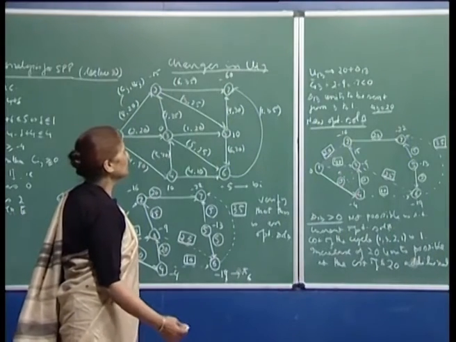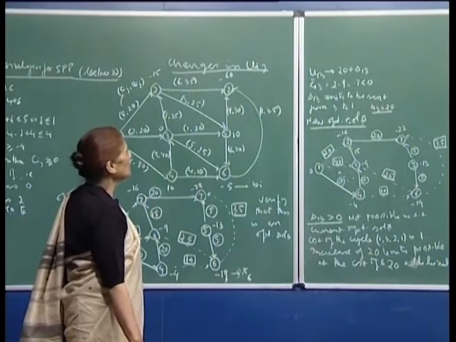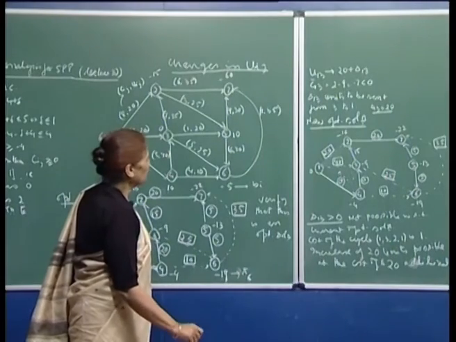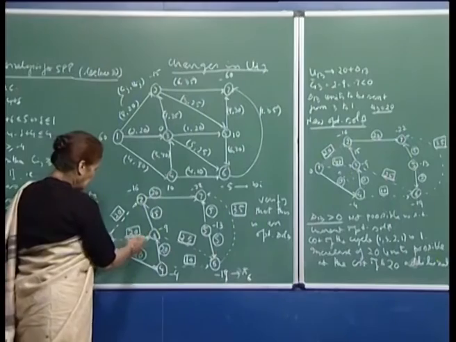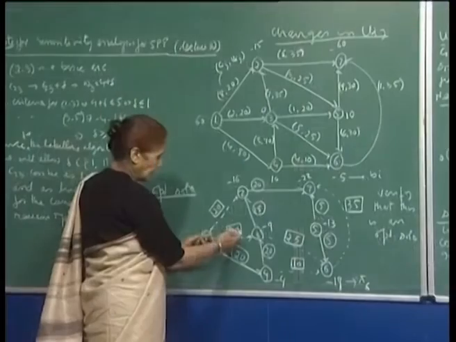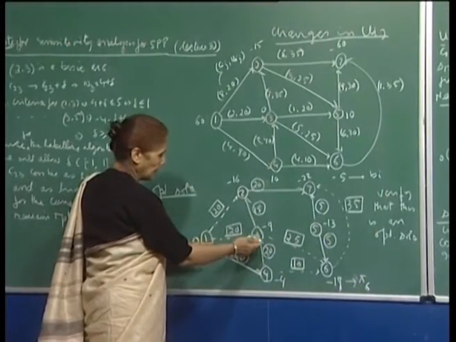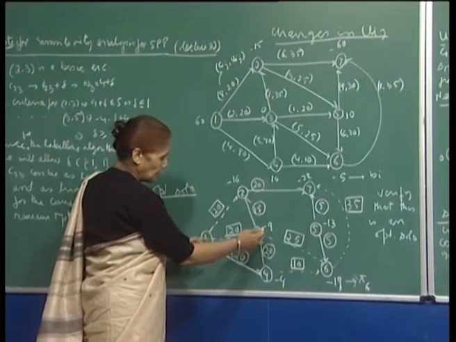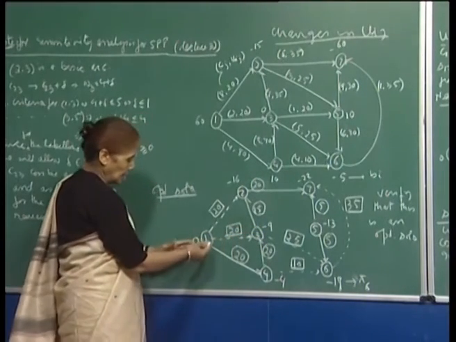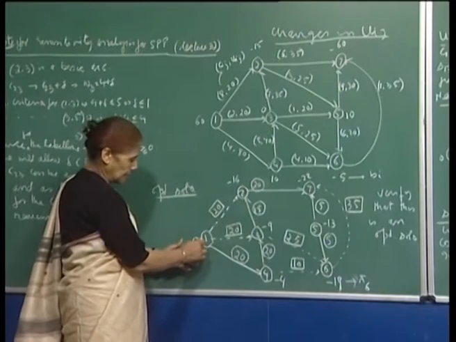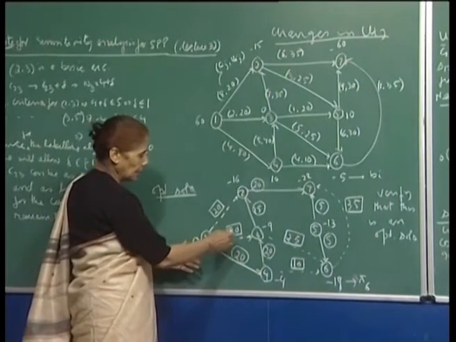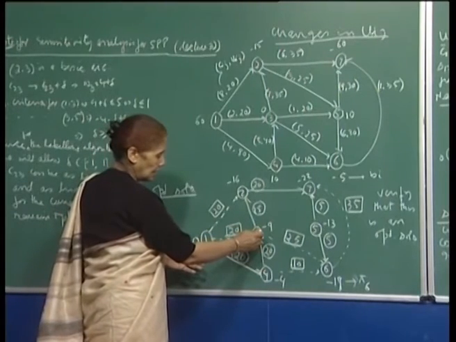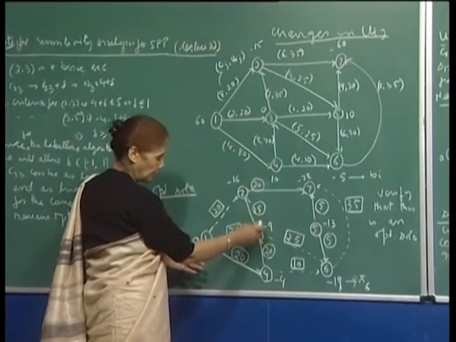Therefore, let me consider increasing the capacity of arc 1 3, say from 20 to 20 plus delta 13. That means I would like to flow delta 13 units on the arc 1 3. If I do that, then the supply here has come down, because you have used delta 13, and what is now available here is plus delta 13.